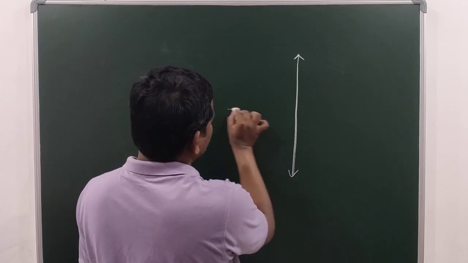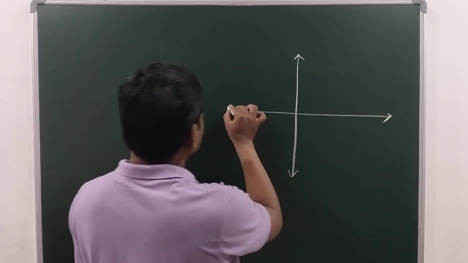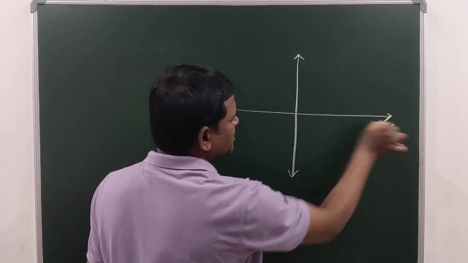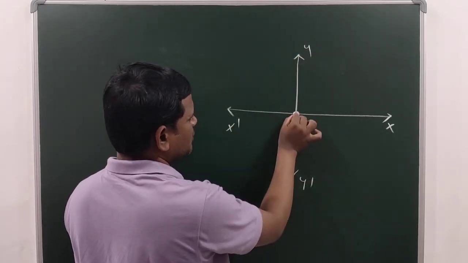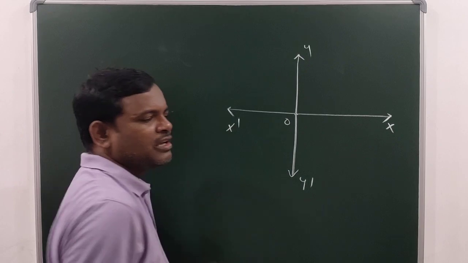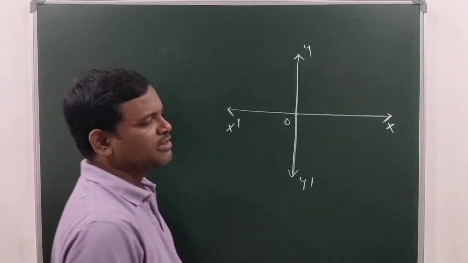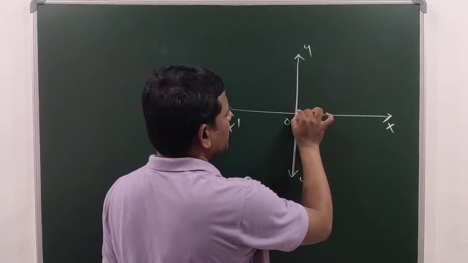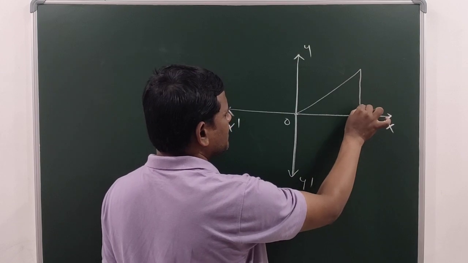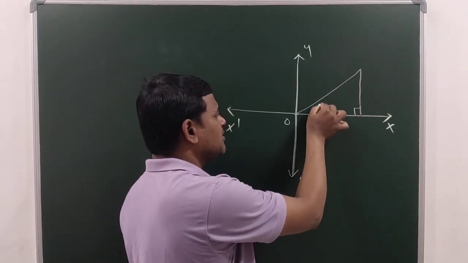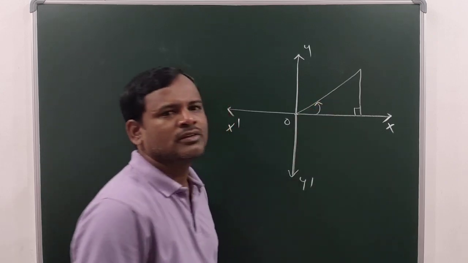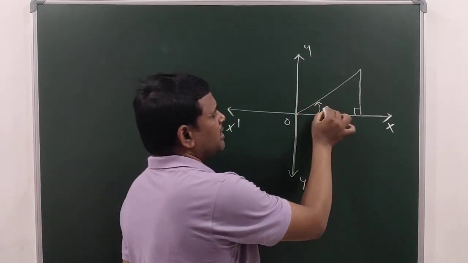Now, see, observe this Cartesian plane, or you can call it the xy plane. This is the origin. If an angle belongs to quadrant 1, usually we take a right angle triangle like this. Okay. Now measure the angle in the anti-clockwise direction.